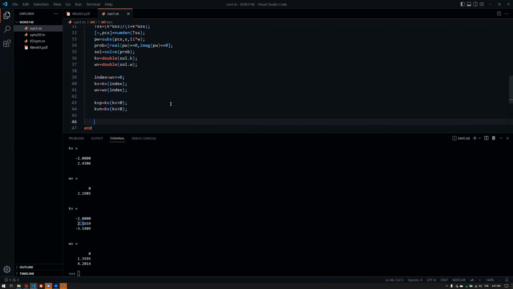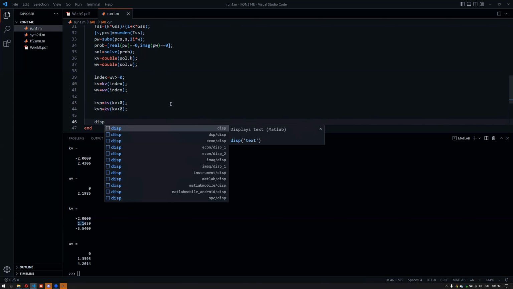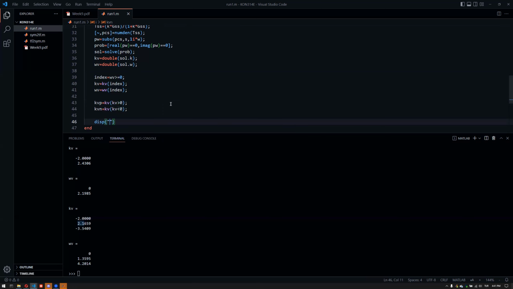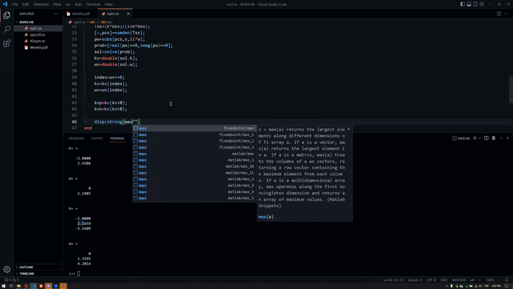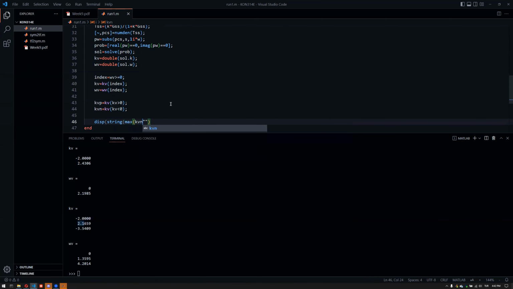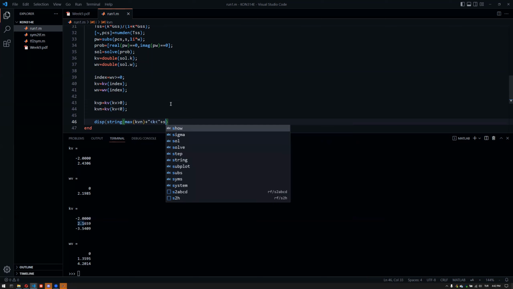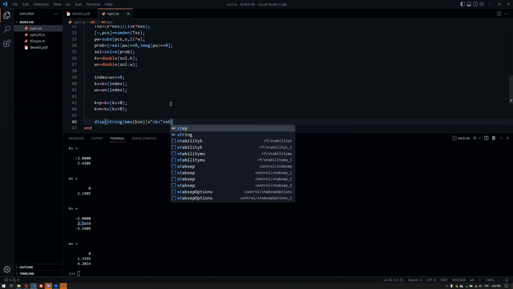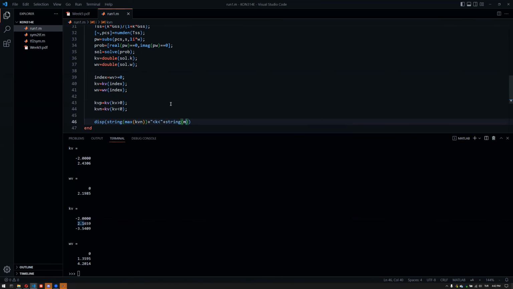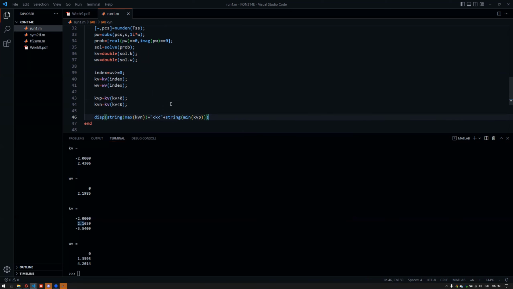And I'm going to basically display a certain string here. It would be the maximum of kv negative here, if I'm not mistaken, and then this should be inside of a string, plus that, plus a string, and then the minimum value of kv positive, I guess.